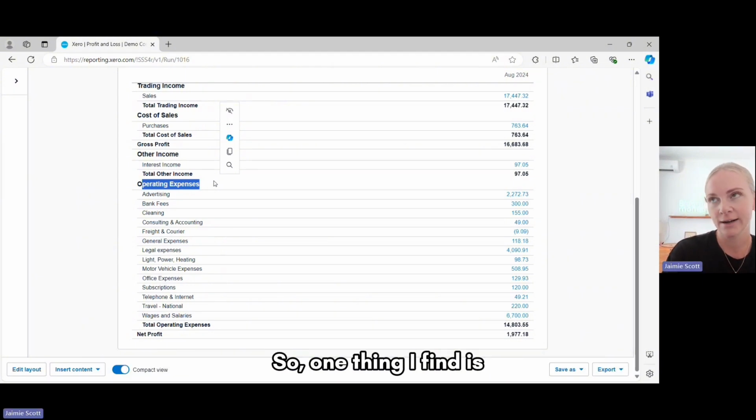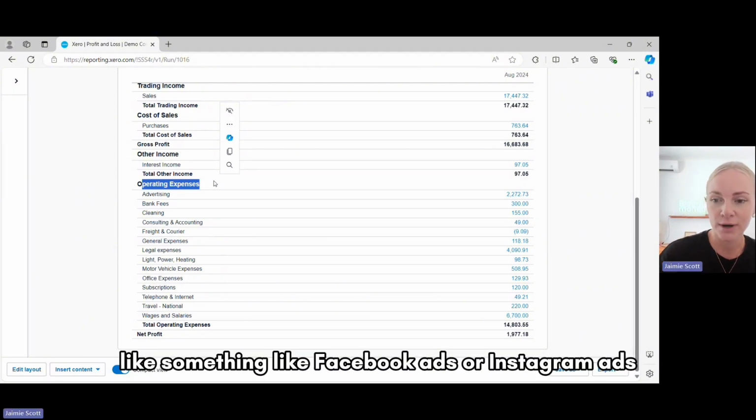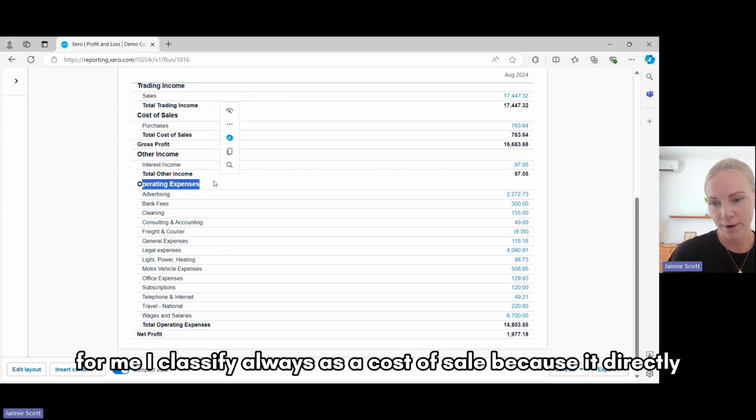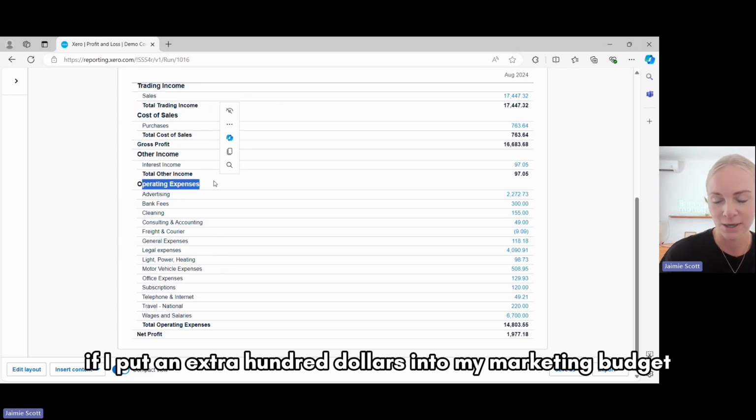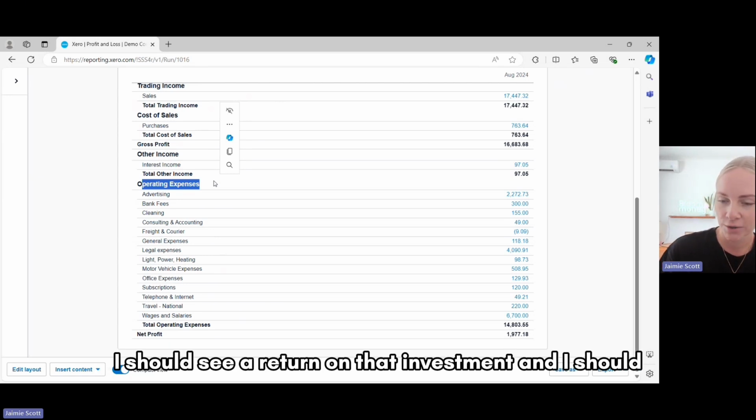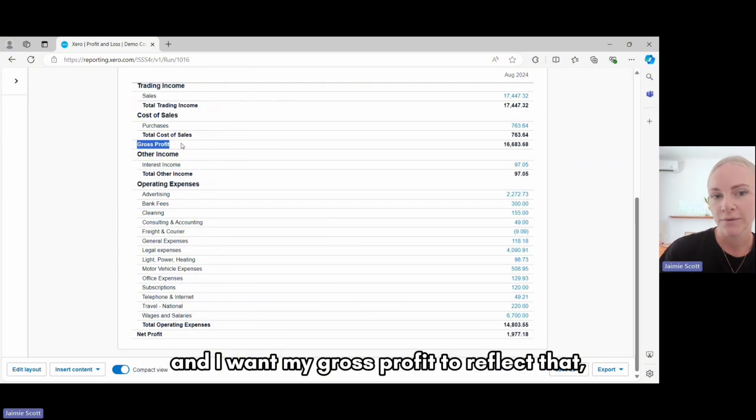So one thing I find is something like Facebook ads or Instagram ads. For me, I always classify them as a cost of sale because it should directly correlate with the amount of sales that I have. If I put an extra $100 into my marketing budget, I should see a return on that investment. And I want my gross profit to reflect that.